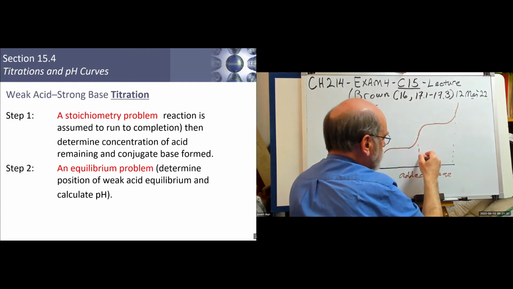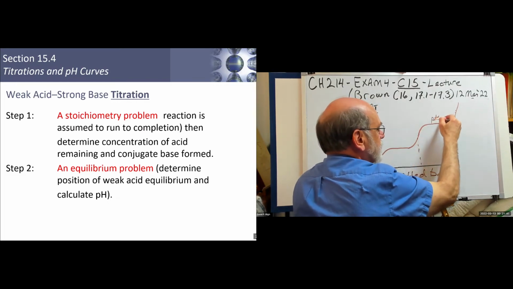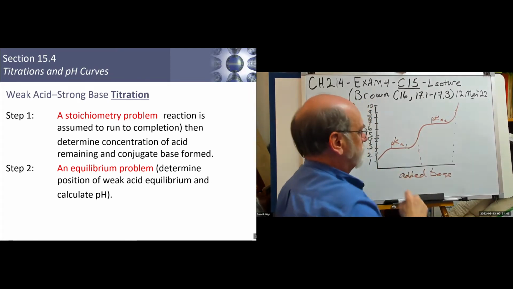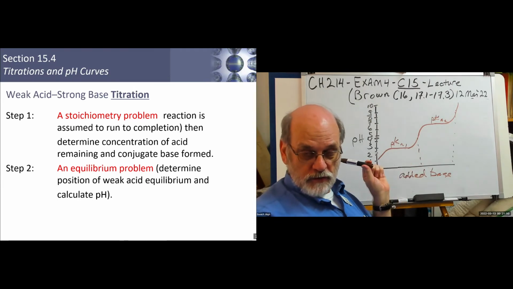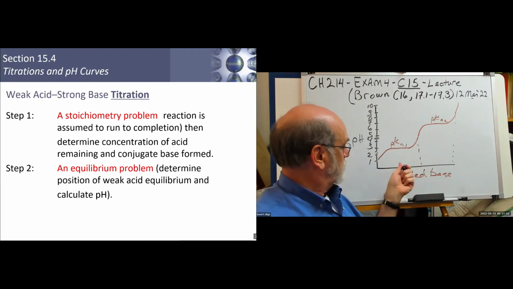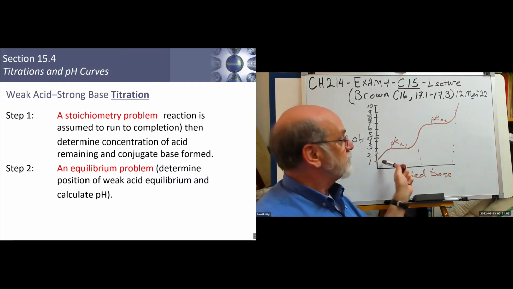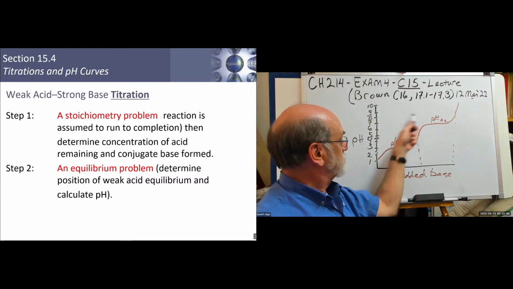This is the equivalence for the first proton. This is the pKa2, and this is the pKa1. So with your diprotic weak acid, you get a buffer zone that could be made here, or you can make a buffer in that zone at a different pKa.